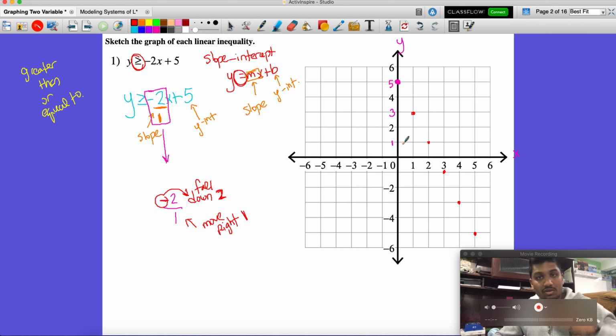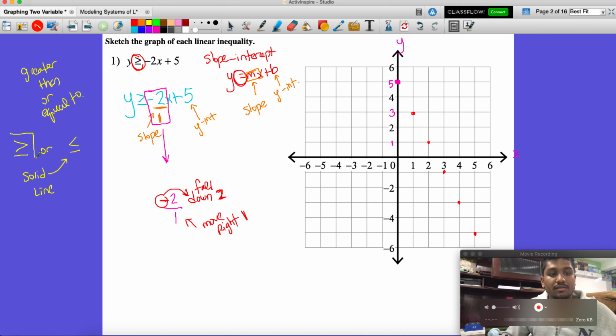Now, normally we just draw a straight line, but being that this is an inequality, we can't do that. So if we have a greater than or equal to, or less than or equal to, this is a solid line. The way that I remember that is because if it has a solid line underneath the inequality sign, that just helps me remember I'm dealing with a solid line. Also, we're dealing with a greater than sign.